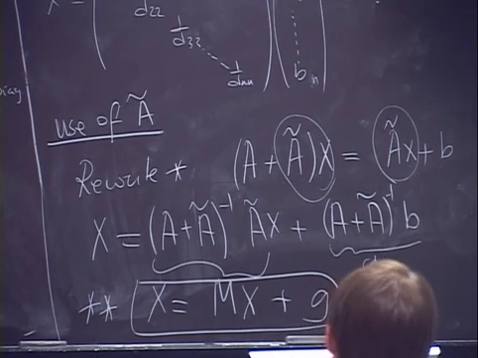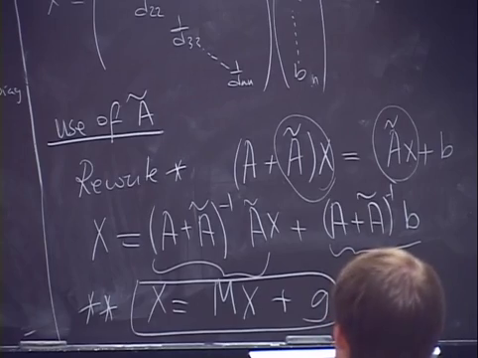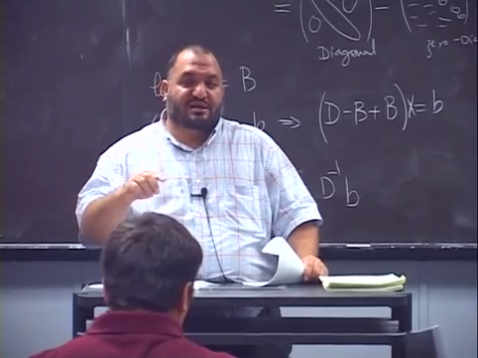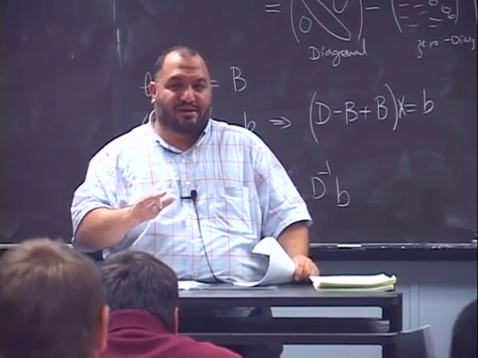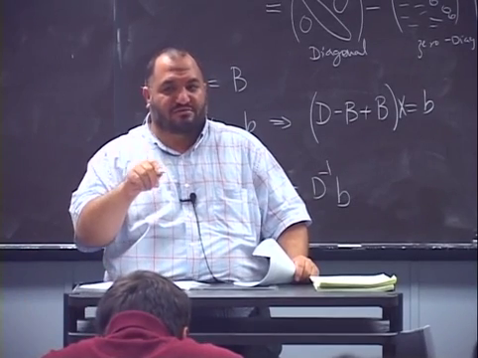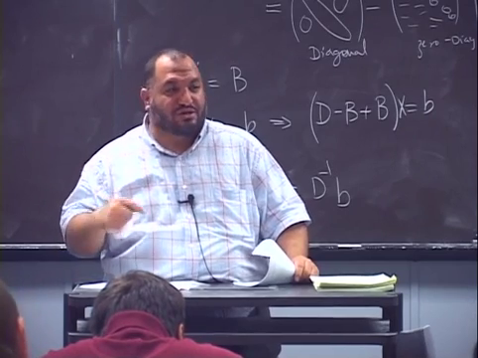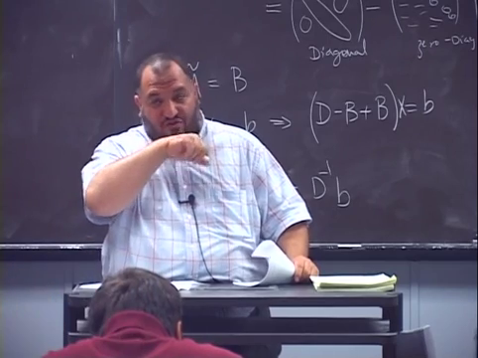I will stop here, and next time I will discuss the rest of this topic, and also prove that convergence will not happen unless the maximum absolute value of the lambdas of the matrix, which is the spectral radius, is less than 1. This is the only way you will have convergence for this scheme.